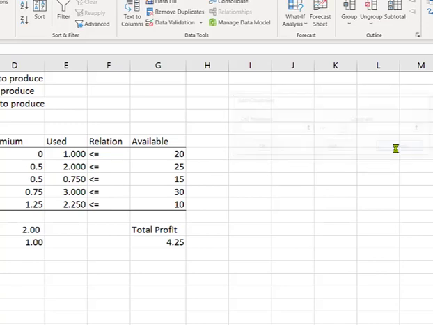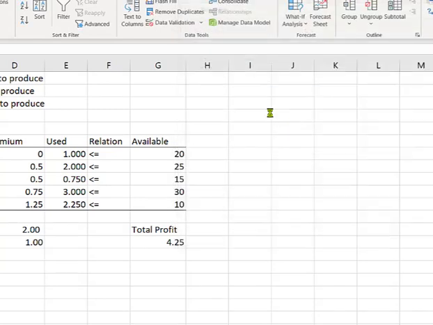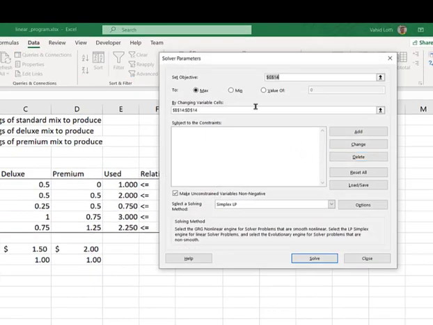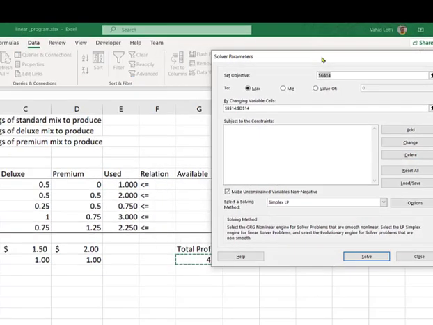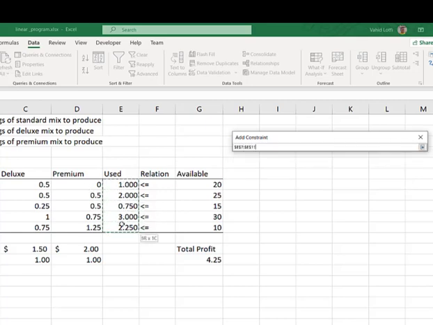Alternatively, let me remove these first. Alternatively, you can just go ahead and click add and then highlight these cells.